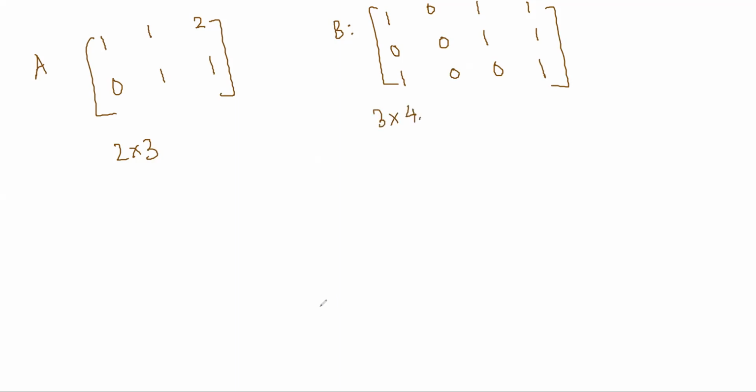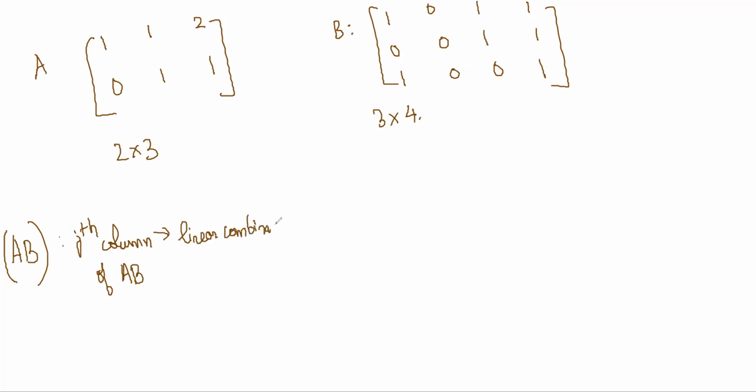Okay, so now what was the theorem saying? The theorem was saying that for the product A cross B, the jth column of AB will be the linear combination of the columns of A. And what will be the scalars?